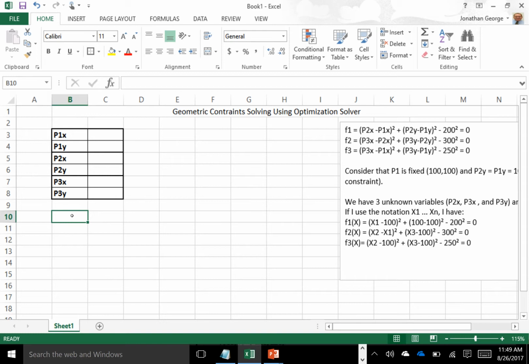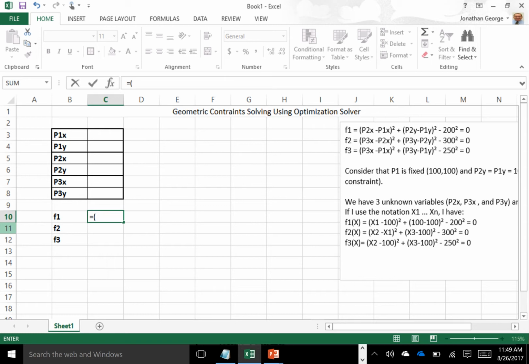So I'm going to go ahead and write out these 3 constraints. So F1, F2, and F3. And I'm going to fill out the equations for this.